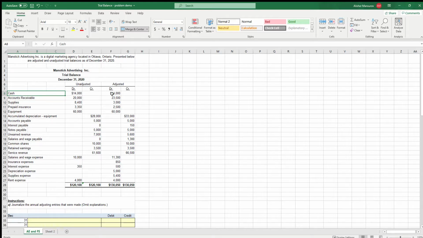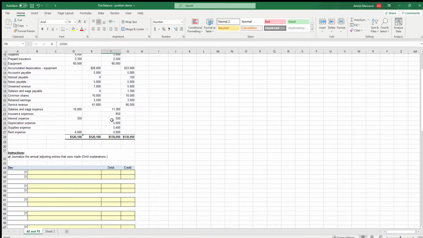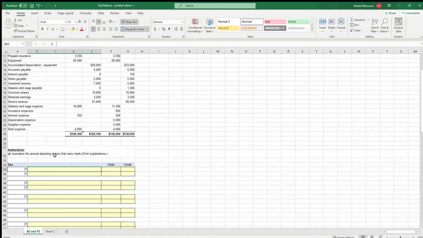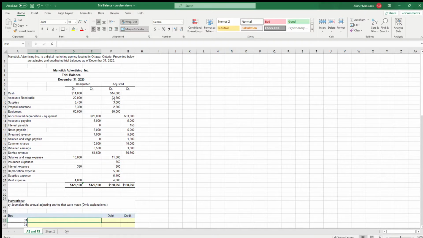We see that cash didn't change, 14,000, but accounts receivable went up by $3,500. So let's account for that. Normally this is caused by an increase in revenue or sales. So it looks like, yes, service revenue increased by $4,900, but only 3,500 of this increase is causing the increase in accounts receivable.